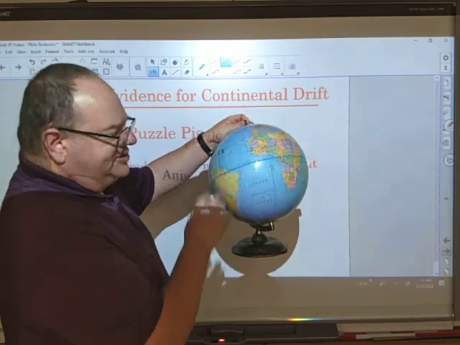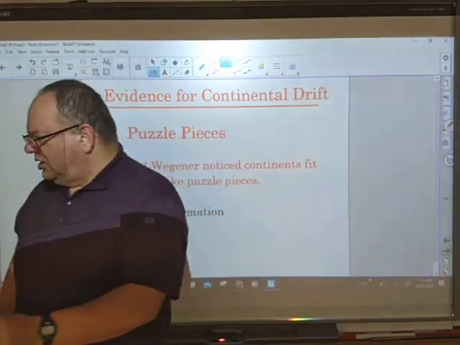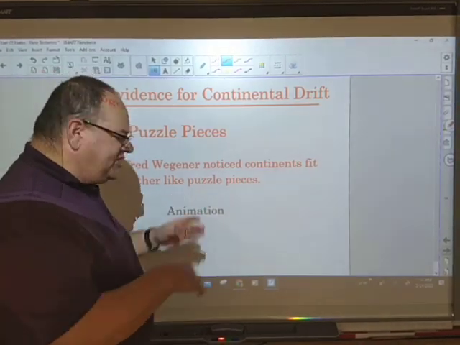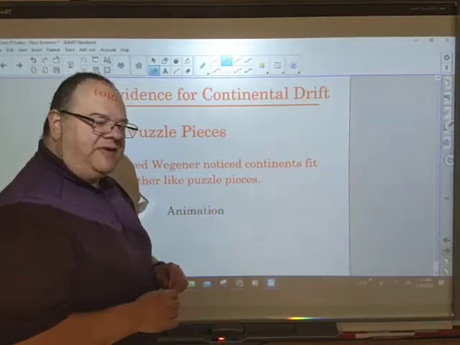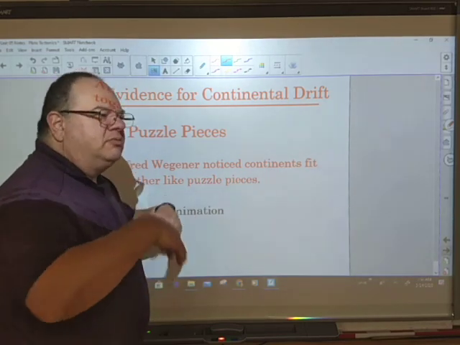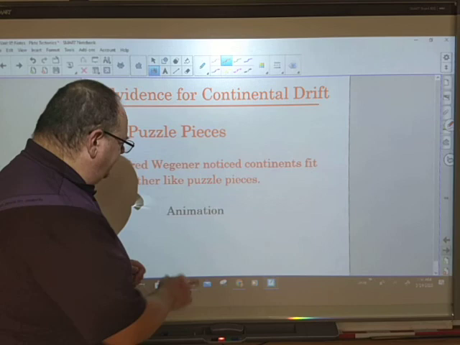The story goes that Wegener actually took a map and cut it into pieces and put it together and saw how they fit. Now, he's not the only one to notice that, but Wegener suggests other pieces of evidence to go with this.